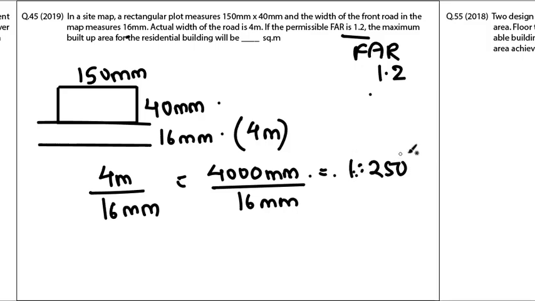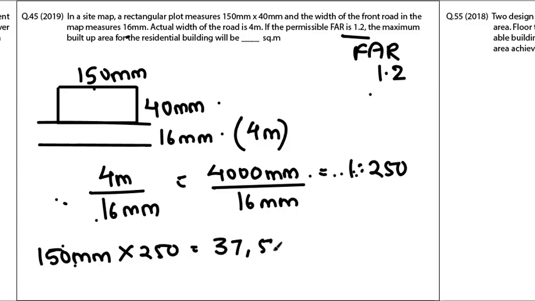Now since 1:250 is the scale of the drawing, the length of the site will be 150 mm into 250. 250 into 150 gives me 37,500 mm. Remember, it's mm. Now in meter it will be 37.5 meter.